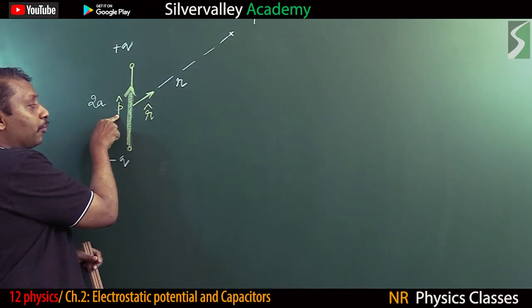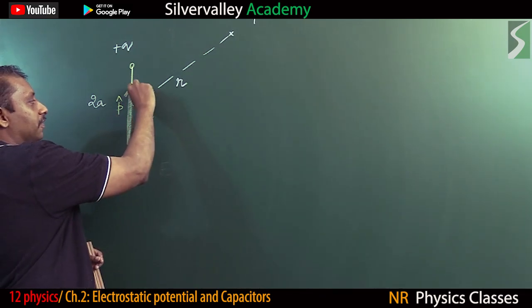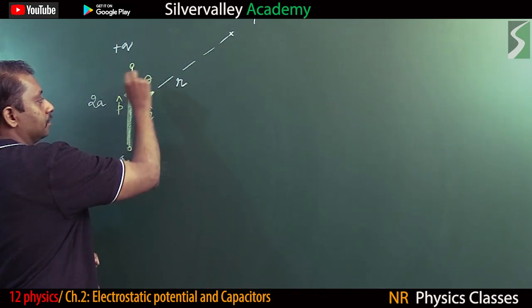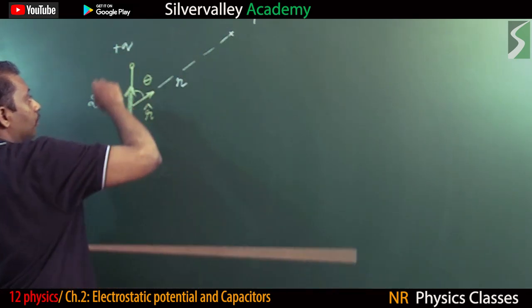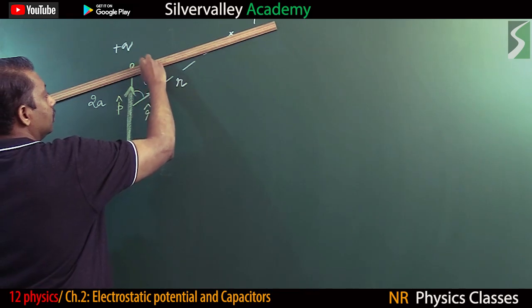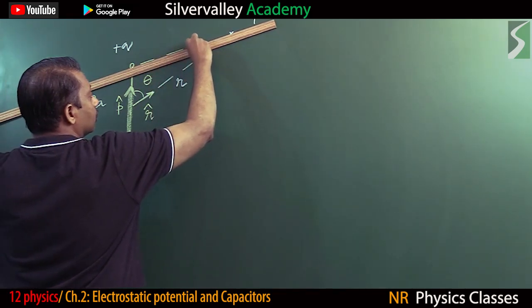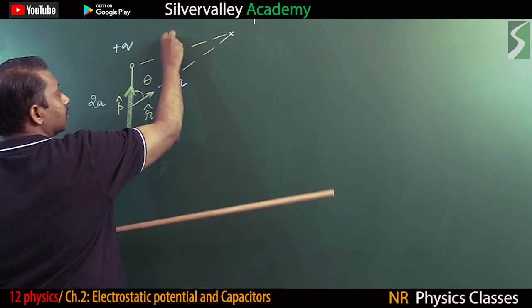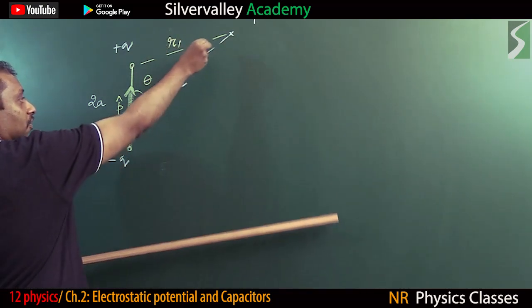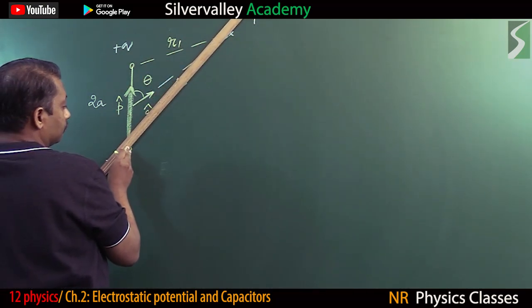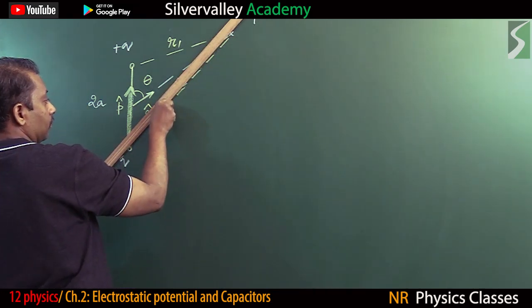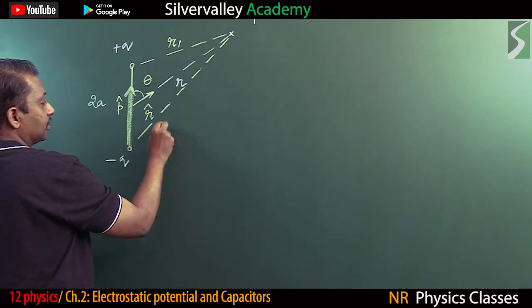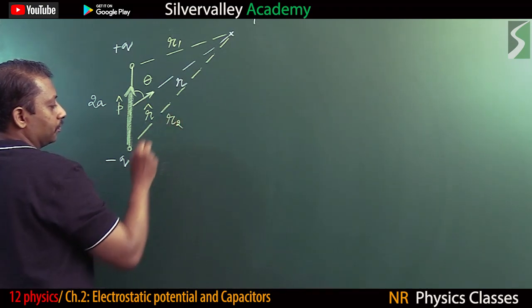Angle between dipole moment and position vector is theta. Distance of P from plus q is r1, and distance of P from minus q is r2.